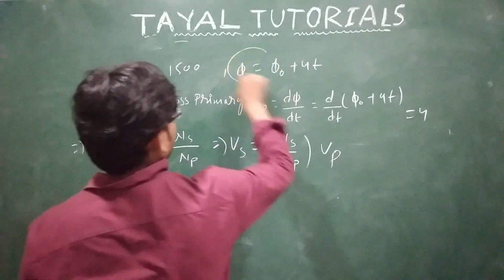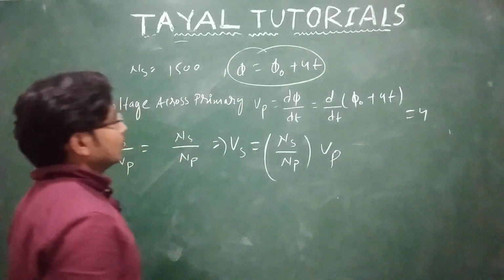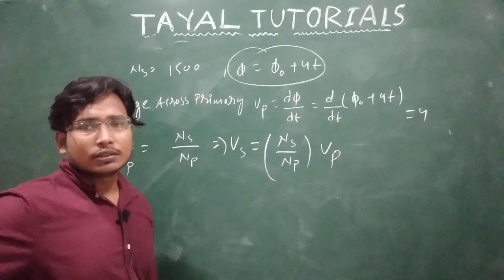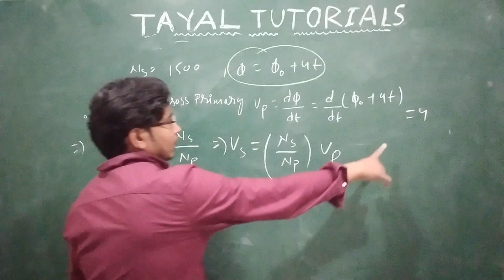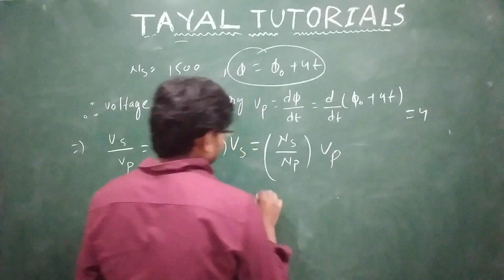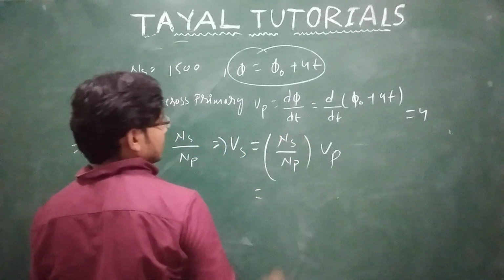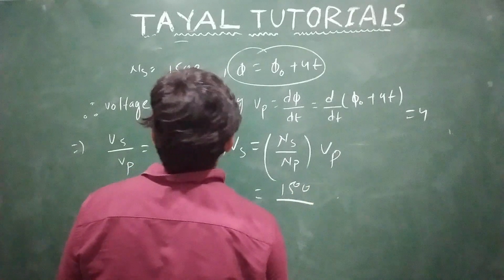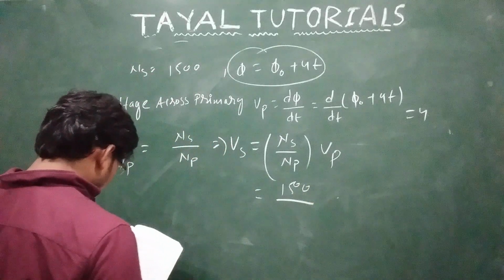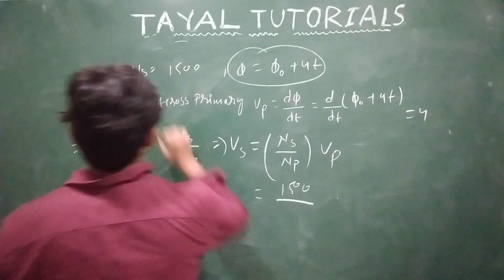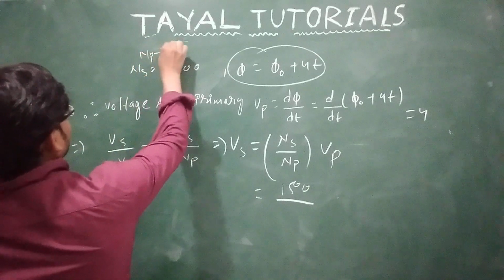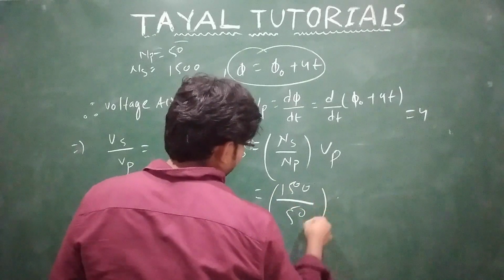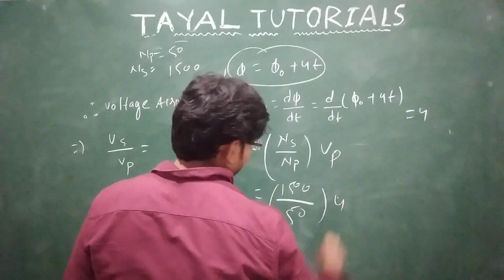Vp you have calculated because this phi is linking with the primary. So Vp is equal to d phi upon dt, which will give you 4. That 4 when you put over here, and they have given ns is equal to 1500, and np they have mentioned 50. So 1500 by 50, which is 30, into 4.